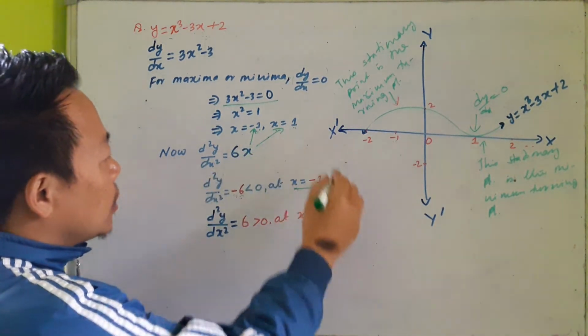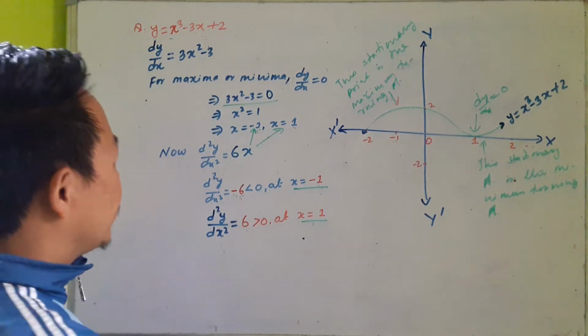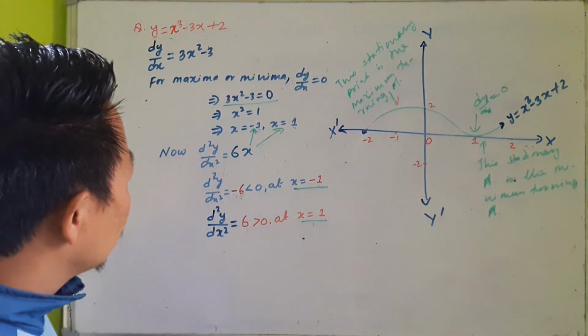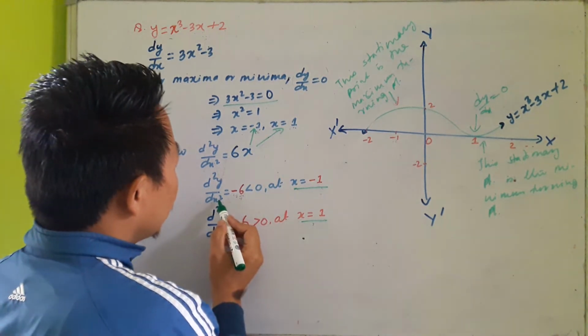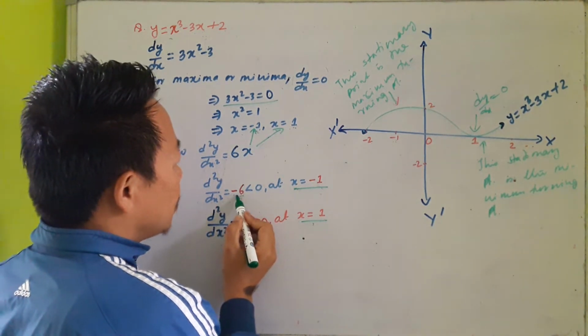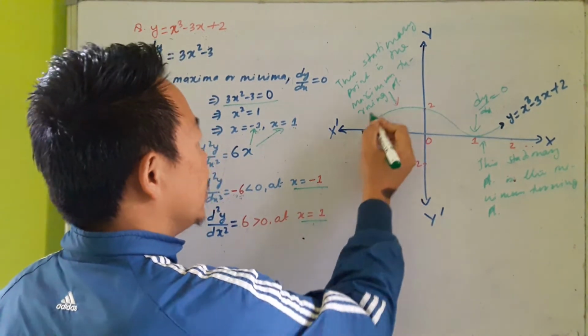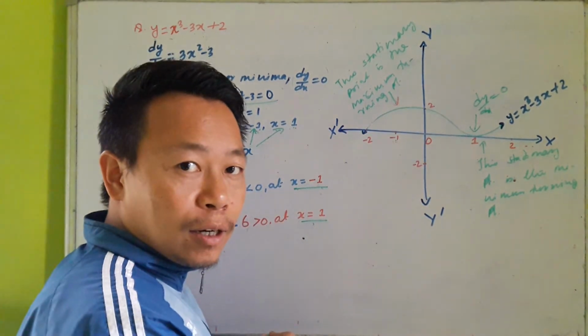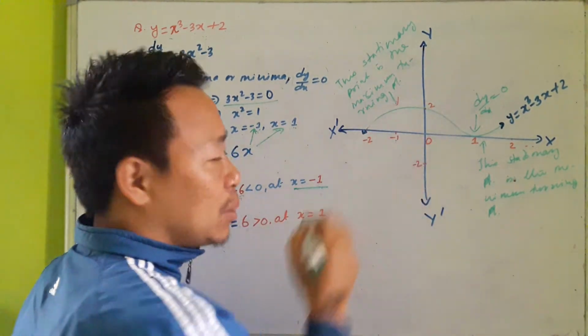All these signs show that if the second order derivative is negative at some point, then this stationary point is a maximum turning point.